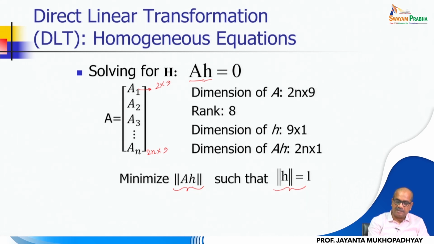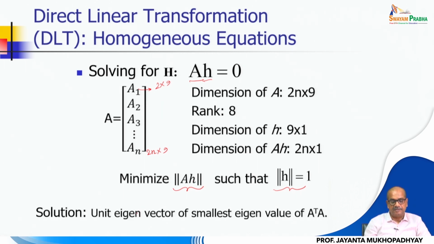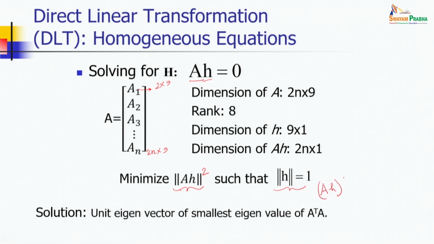Now, for the minimization in this case, it can be shown that the solution is the unit eigenvector of the smallest eigenvalue of A transpose A, because you are minimizing this norm. Basically I will be minimizing its square, which can be written as (AH) transpose (AH).